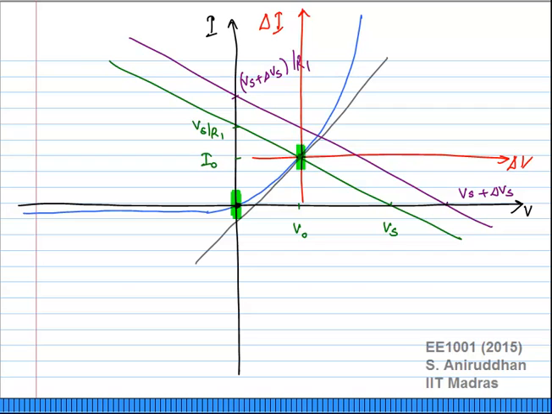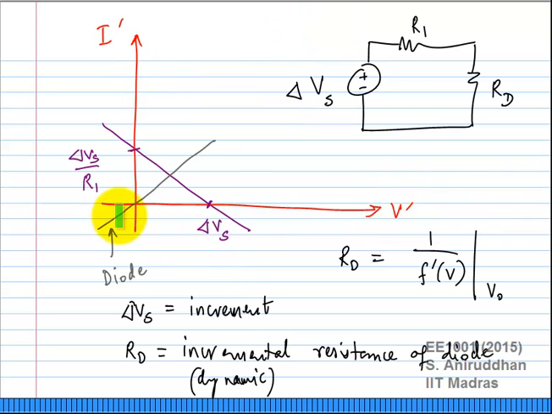And along the delta V delta I axis, what do I have? I actually have the relationship between delta I and delta V for the diode. Since I have replaced the diode with the Taylor series approximation, it is a linear relationship.